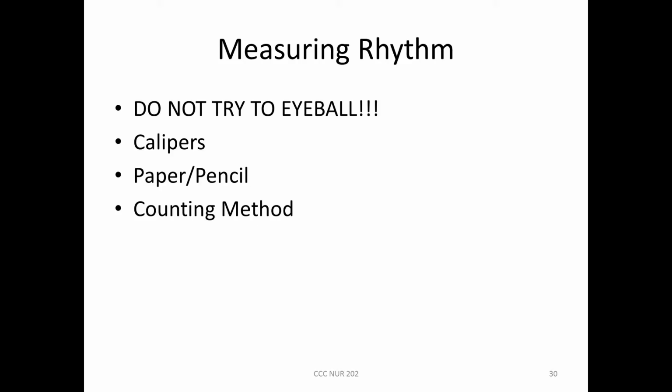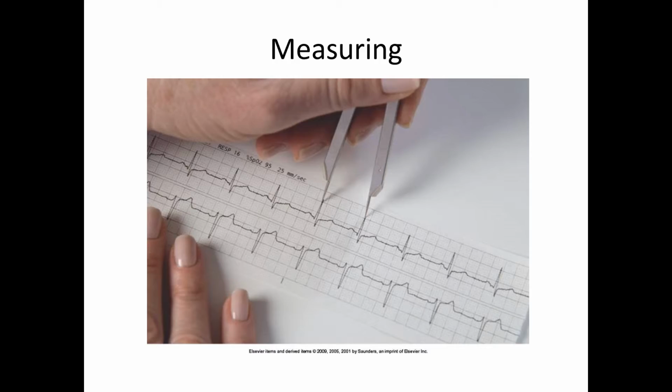Calipers are good. We have them in the lab. The paper and pencil method we'll probably do in testing. I'll show you a picture of that. The counting method would be very tedious, counting each little block without having something to measure it off. This is how you would measure with calipers. So you're looking for rhythm, whether it's regular or irregular. You keep measuring those out on that 6-second strip and see if there's a significant difference between these QRSs.